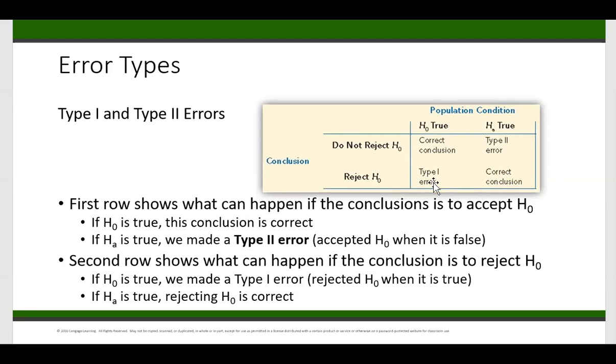The type 1 error is if actually null hypothesis is true about the population parameter, but our conclusion based on the test would be to reject the null hypothesis. So obviously we're making a mistake here. Null hypothesis is true, but we're rejecting it.